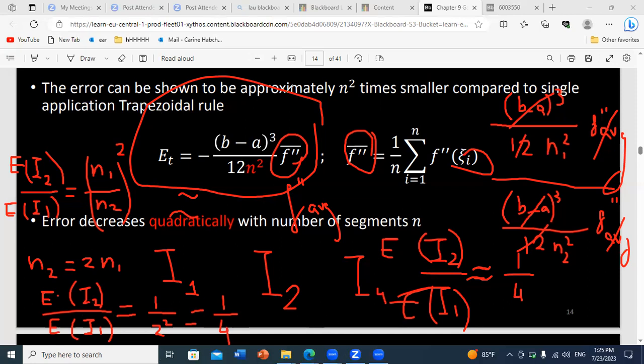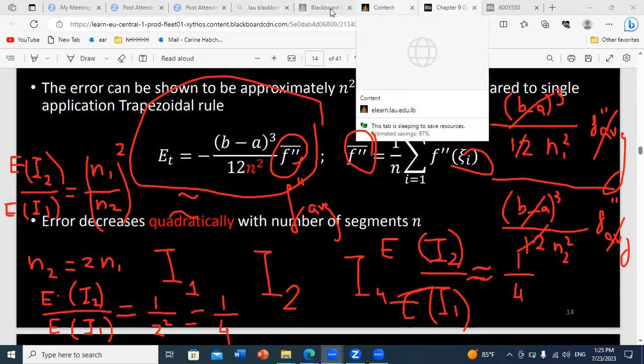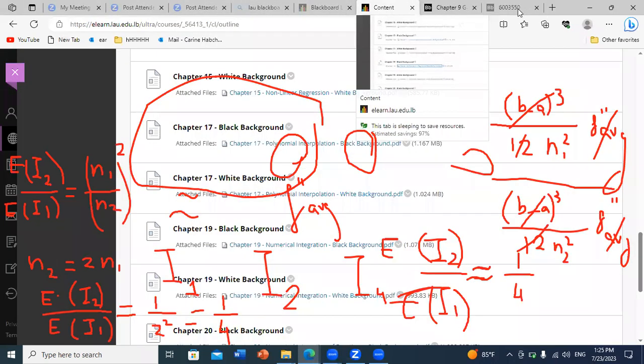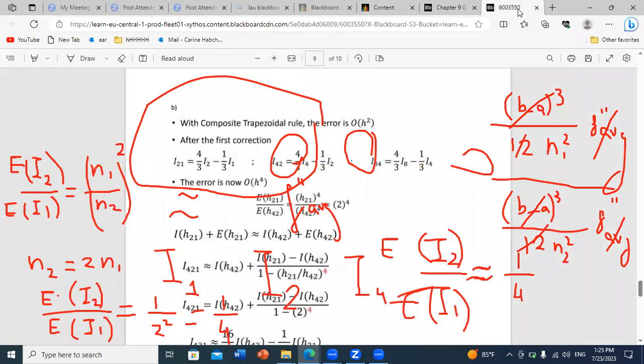Okay, so going back to our problem. They are telling us here that if we use the composite trapezoidal rule, the first correction will give us this. But let us derive it together. How did we get this expression?